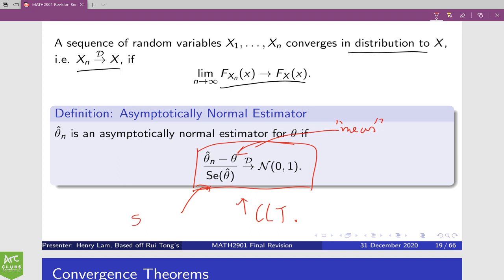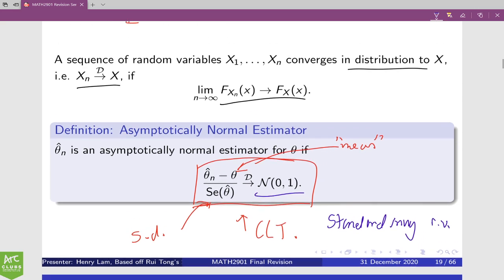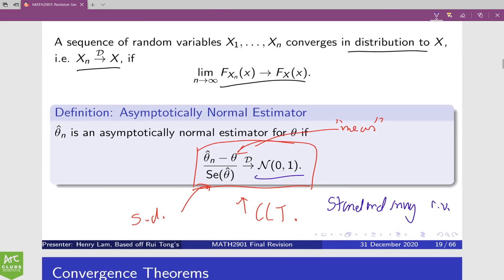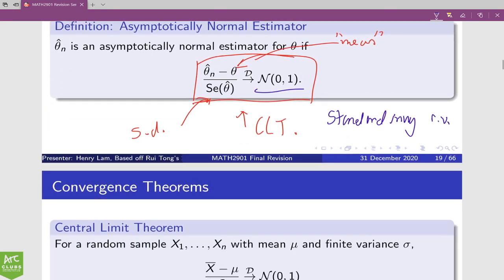It kind of looks like you're standardizing a random variable, and that's why it converges to the standard normal random variable. Just remembering that makes it pretty easy to remember because it's very familiar to what you've seen before.